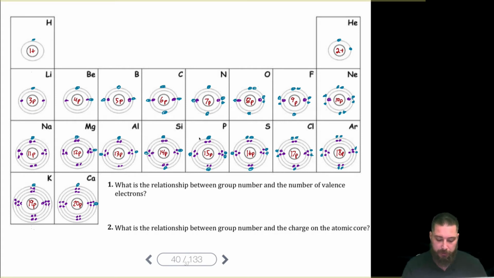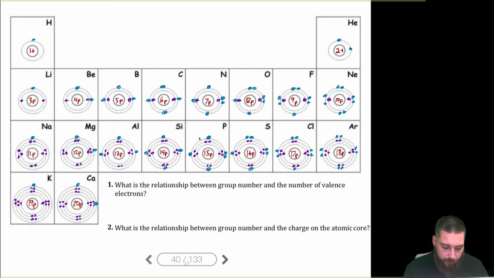All right, so let's go ahead and talk about lithium. And so this is where things get a little different. Again, we're considering how the valence electron is attracted to the nucleus. So this is the valence electron. Now, these two right here are inner electrons, and those are going around the nucleus. And so when we think about this, the valence electron has 2 inner electrons.